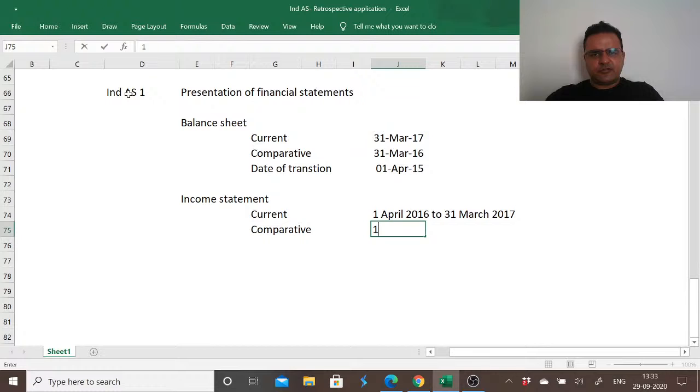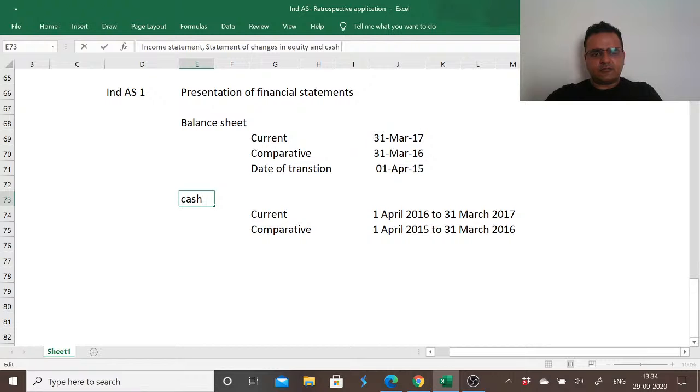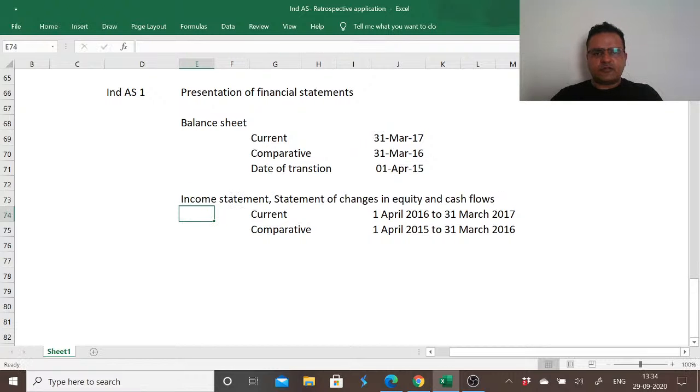Comparative is 1st April 15 to 31st March 16. Statement of cash flows, changes in equity. So income statement, statement of changes in equity and cash flows are presented for the two periods. Only balance sheets are required to be presented three times.